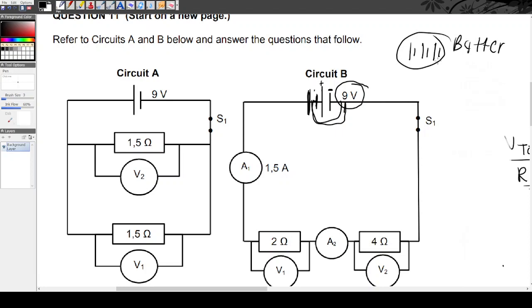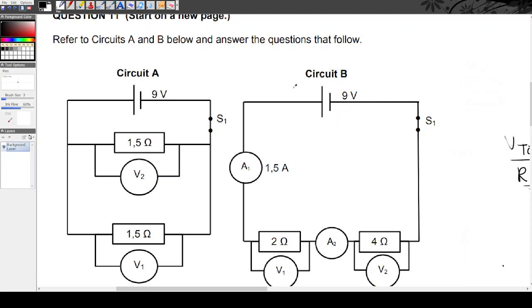These 2 are 9 volt cells. A cell is smaller than a battery. A battery is just a group of cells. That matters, which is why I mentioned it. Maybe you may be asked to say whether this is a cell or a battery. I don't know, but it helps to know that.